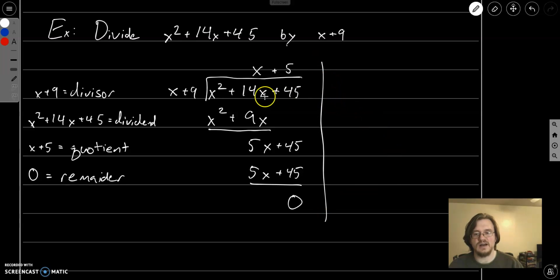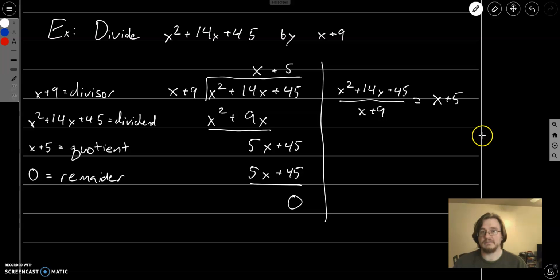So again, writing down exactly what this means, if you take x squared plus 14x plus 45 and you divide it by x plus 9, we get x plus 5 exactly. There's no remainder, so I don't have to do anything else.